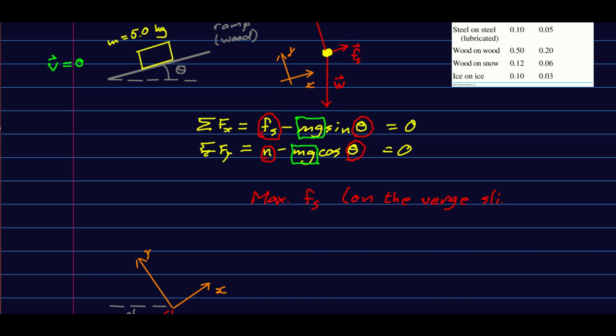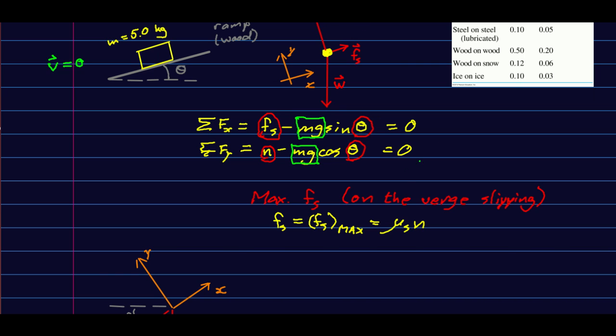So we're on the verge of slipping here. If we make the angle any larger, this box will start slipping. And on the verge of slipping, now Fs is its max value, which is μsn.